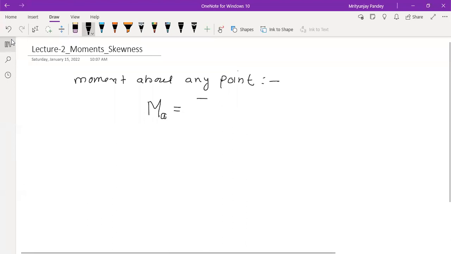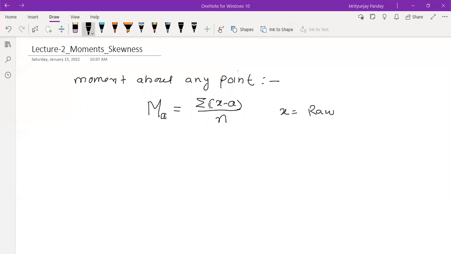Formula is, first formula, summation of x minus A divided by n. And this formula is applicable when x is raw data or sequence.